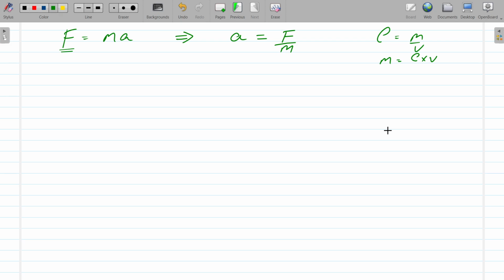You make the unknown the subject and adjust everything else accordingly. And remember, side change, sign change. So addition becomes subtraction, multiplication becomes division, and vice versa.